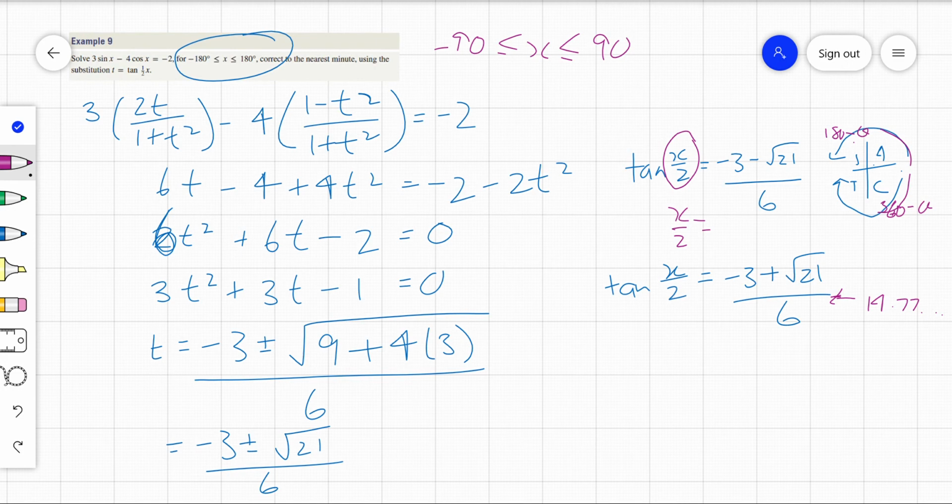When I'm looking for a positive answer in 0 to 90 and 0 to -90, I'm only looking in this first quadrant, which is the acute angle. That was 14 degrees and 47 minutes. So that x, if I double it, should be 29 degrees, 33 minutes. So that's one of the answers.